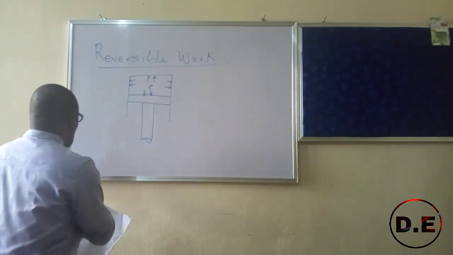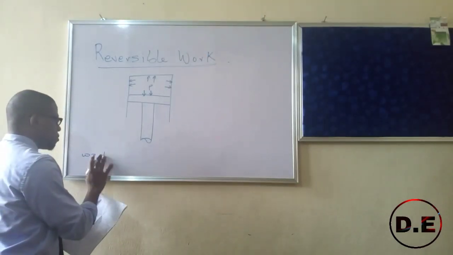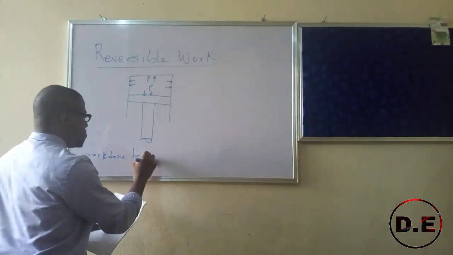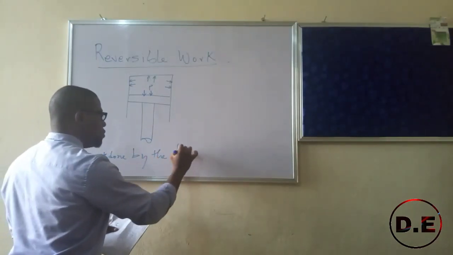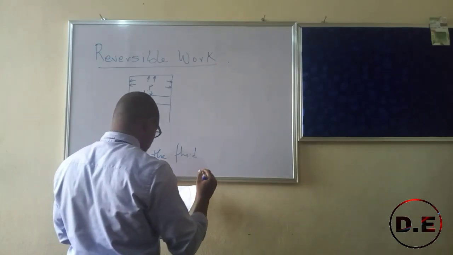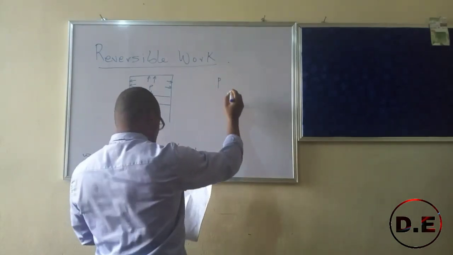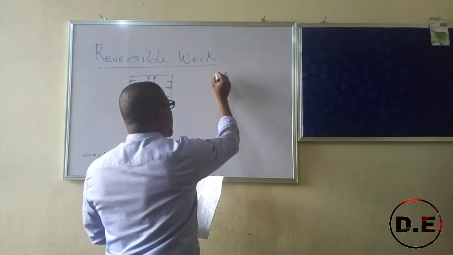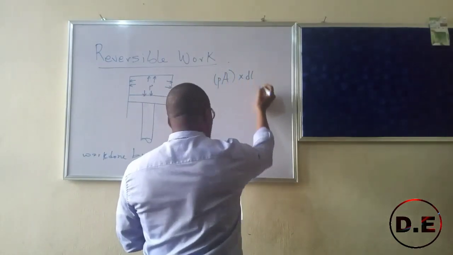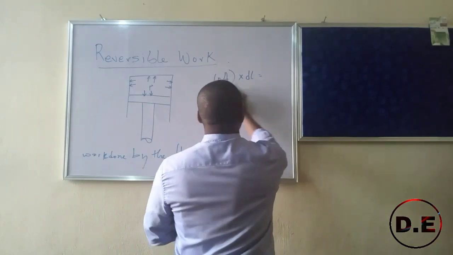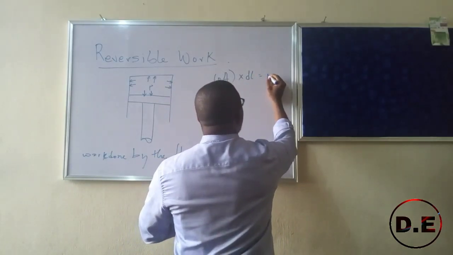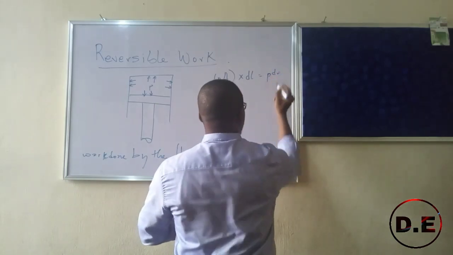So if we calculate the work done by the fluid, we can write that the pressure times the area, which represents the force, times the differential length, L, gives us this equation that we call P dV.